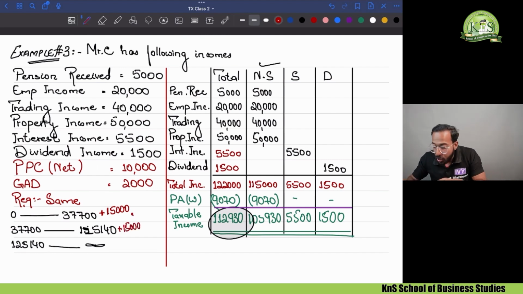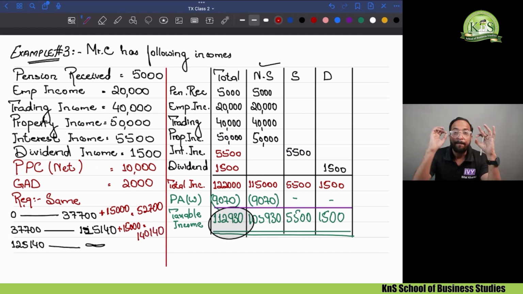You will have your new band 37,700 plus 15,000, 52,700. 1,25,140 plus 15,000 is 1,40,140. First, PPC and gift aid donation are both used for ANI working.